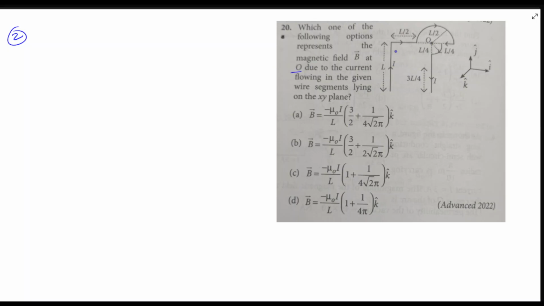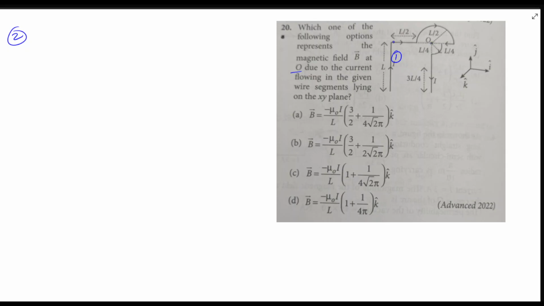Perfect. So look, this is a wire. Let's first check which wires will give a magnetic field. With this wire, can we have magnetic field at O? Yes. For this one, no, there will not be magnetic field, because the perpendicular distance is 0.